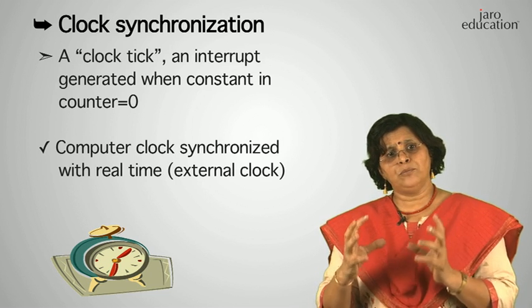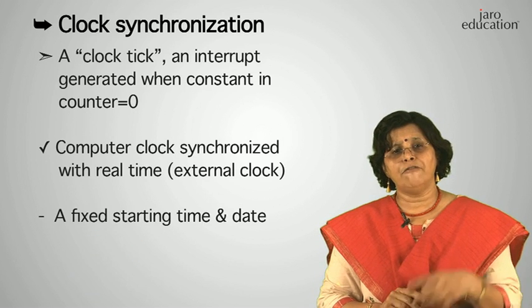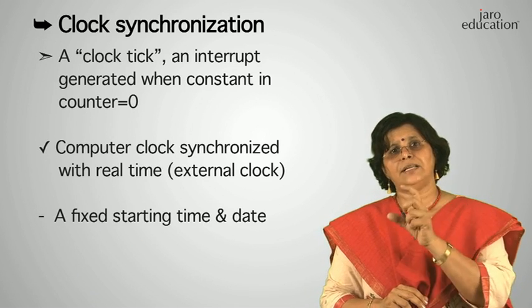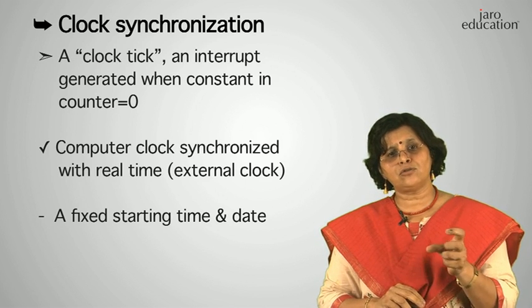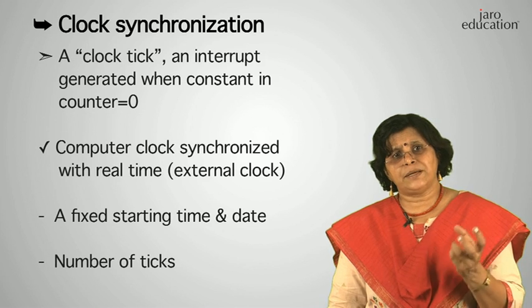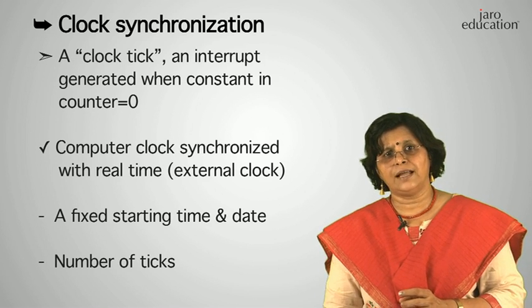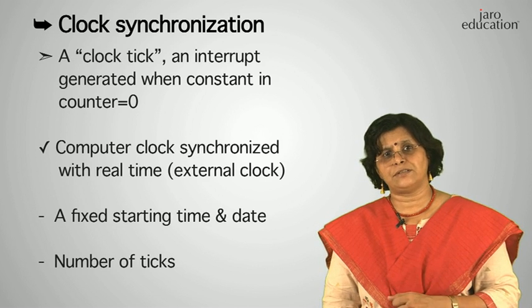So when we say computer clock and we synchronize it, we talk in terms of a fixed starting time and date, and also the number of ticks. So clock synchronization is basically based on quartz crystals and their oscillations.